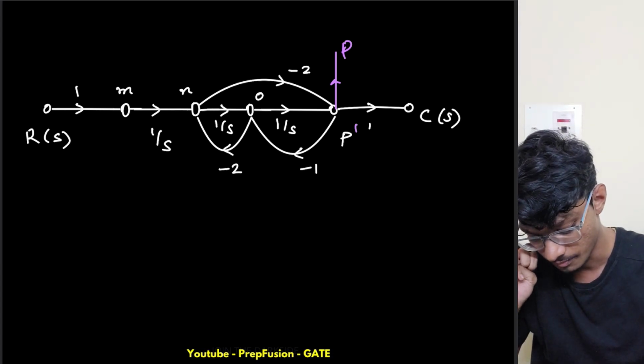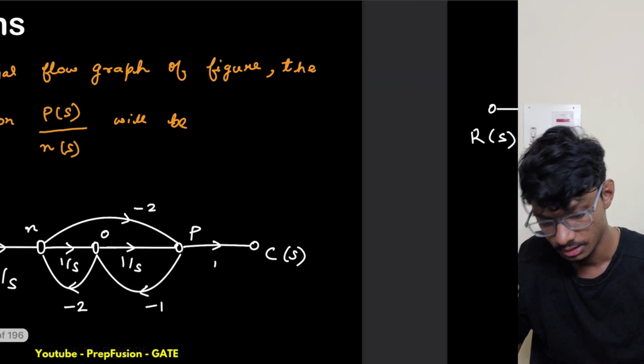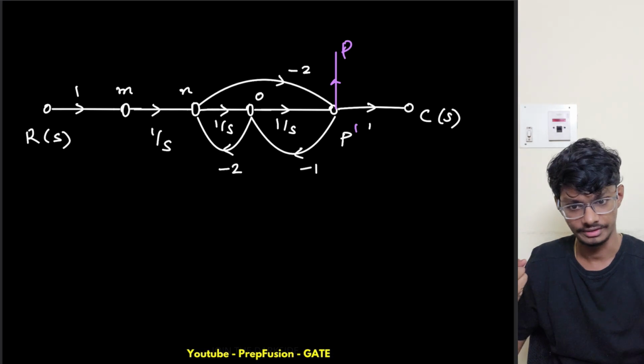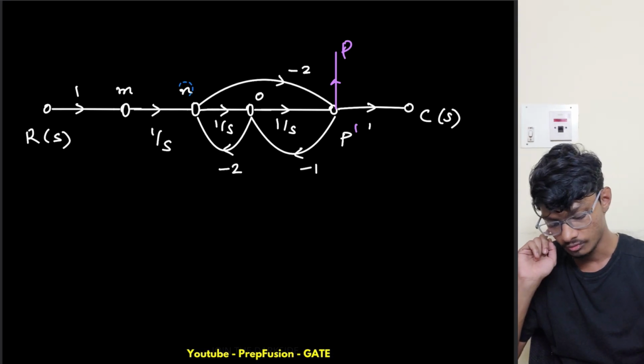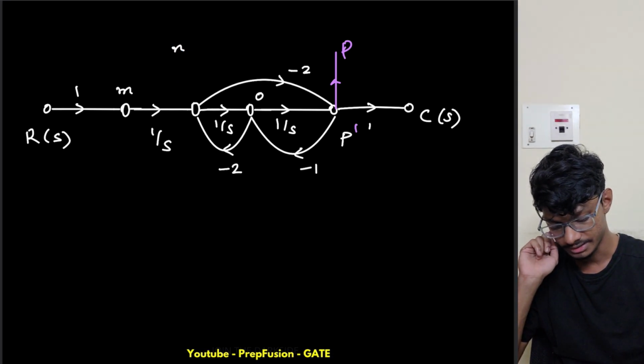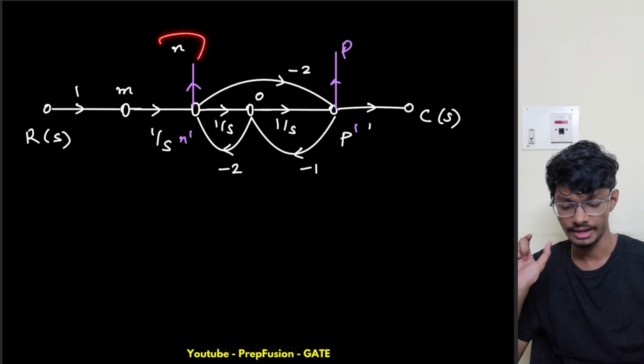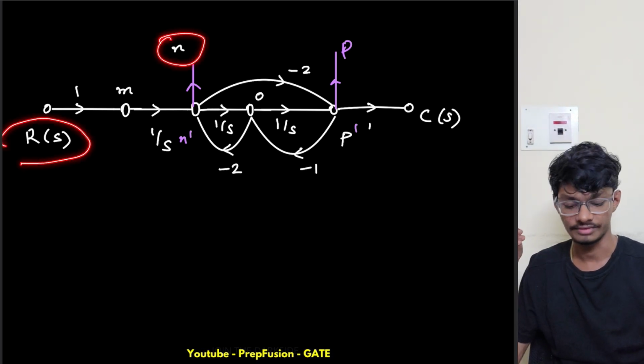But what about input? What I will do to this N? For N, I will do a bit of a trick, okay? I will take an output from this N. I will name this as N dash. Take one output from this N also, okay? Then find the transformation of N with the input R(s).